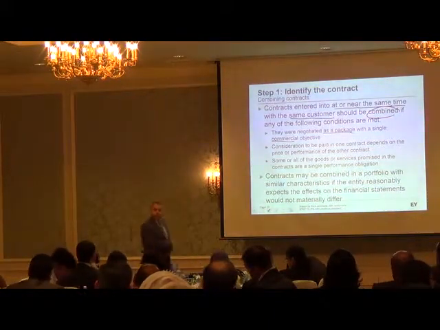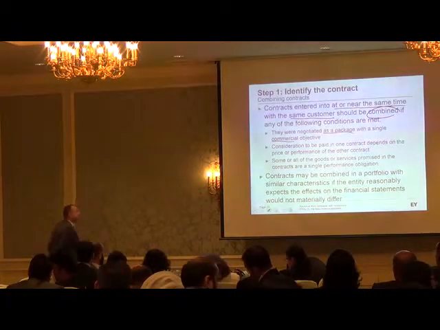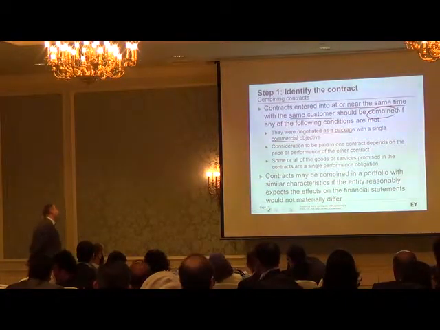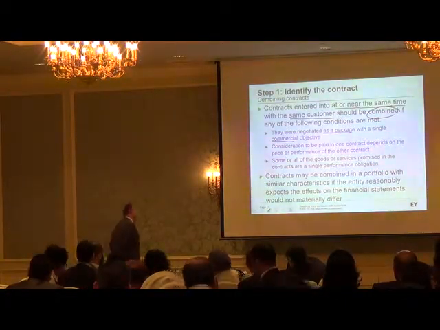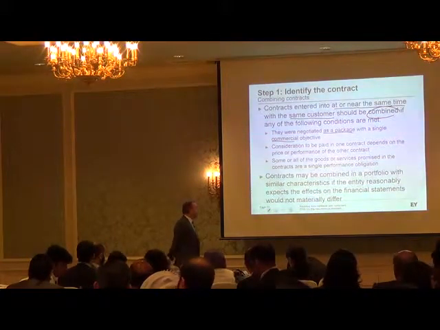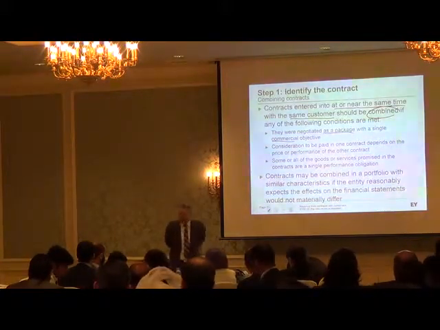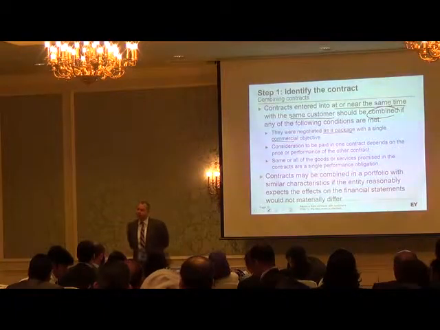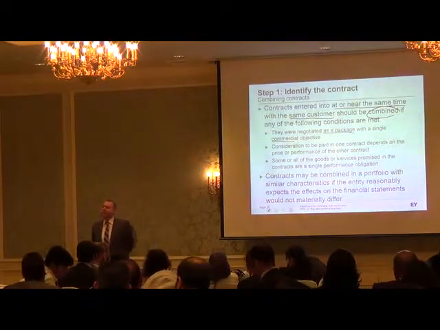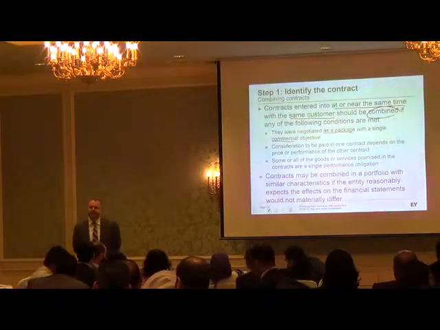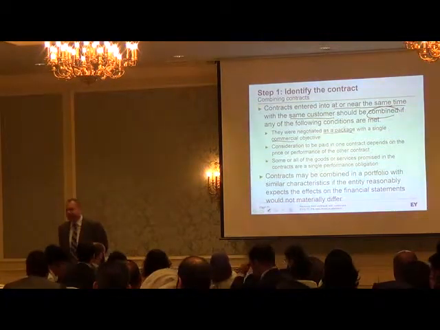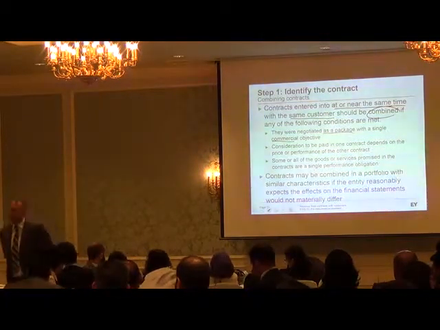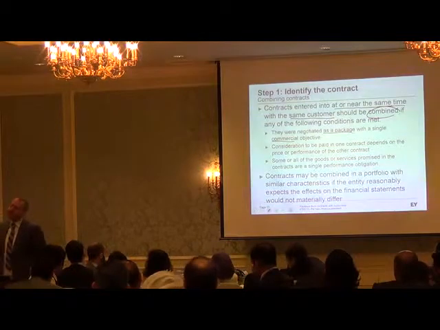Now, okay, this is also very important. Contracts may be combined into a portfolio with similar characteristics if the entity reasonably expects the effect on the financial statements would not materially differ. Okay, this is for those who are regularly selling the same thing to different customers, and the customers are basically behaving the same. What is this rule telling you?